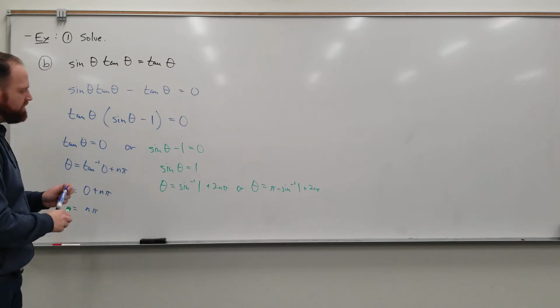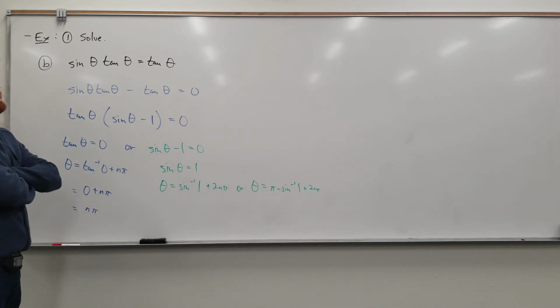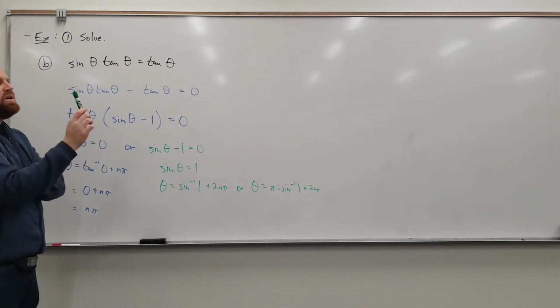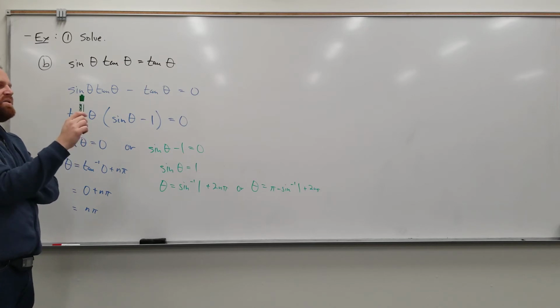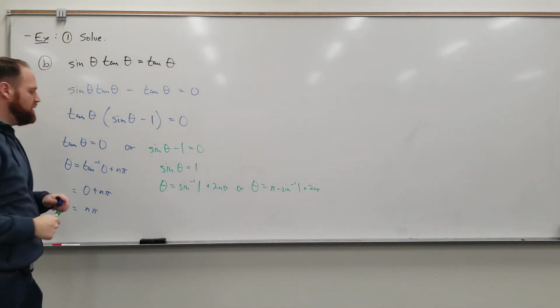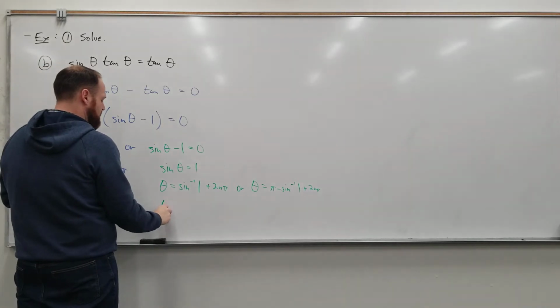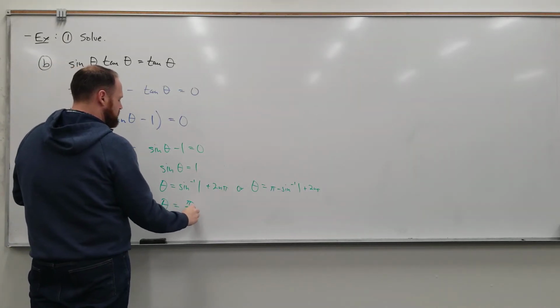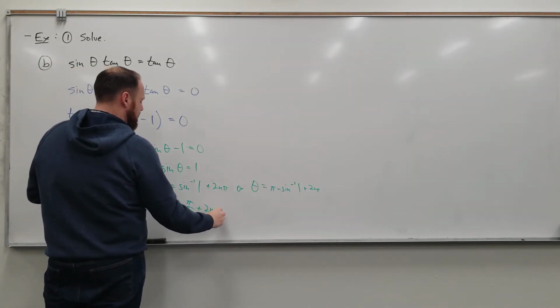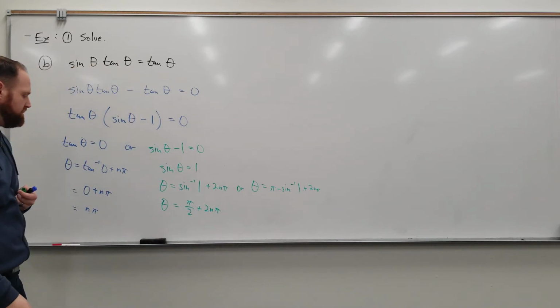Over here, sine inverse of 1. Well, sine corresponds to your y values, right? So sine is going to be 1 at pi over 2. So that means theta here is pi over 2 plus 2n pi. So there's another set of solutions.